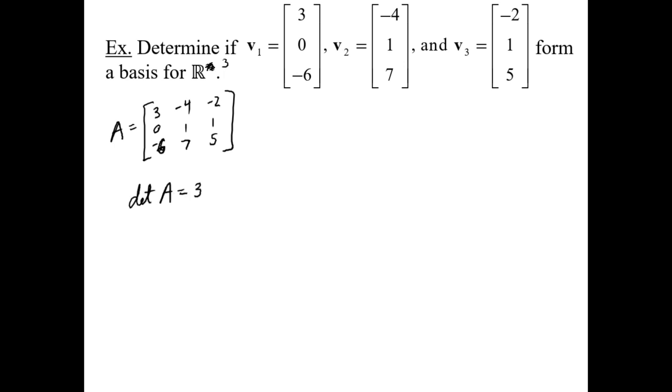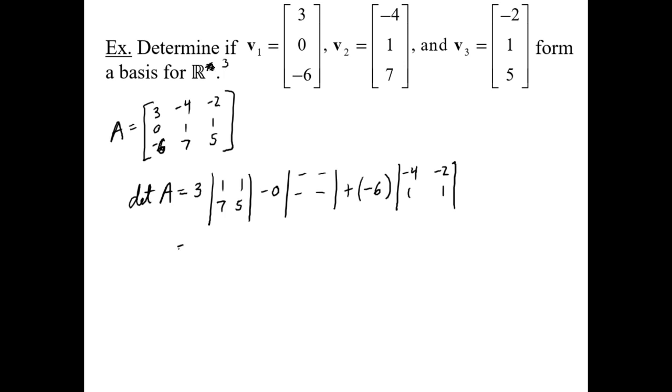So I'll do 3 times its smaller matrix, minus 0 times who cares, plus negative 6 times its smaller matrix. And so I'm getting 3 times 5 minus 7.